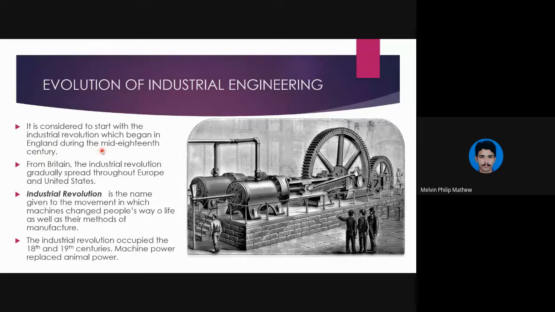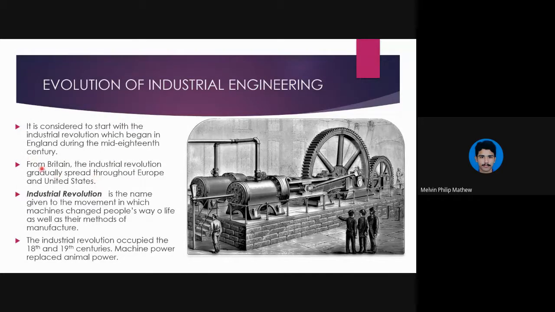So when the industrial revolution took over, we were replacing the animal power that we had used for various operations with machine power. So machines were discovered, and each machine performs a particular function and replaced the animal in that particular field.